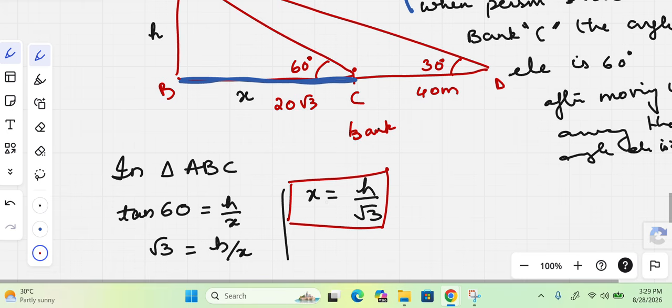X is 20 because x is equal to h by root 3. So it is by root 3, which makes it 20. Clear? Is it clear to everybody?